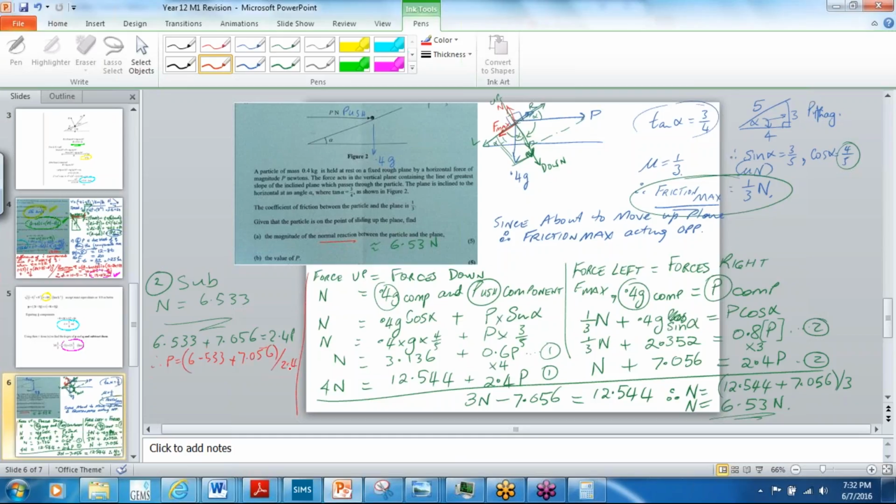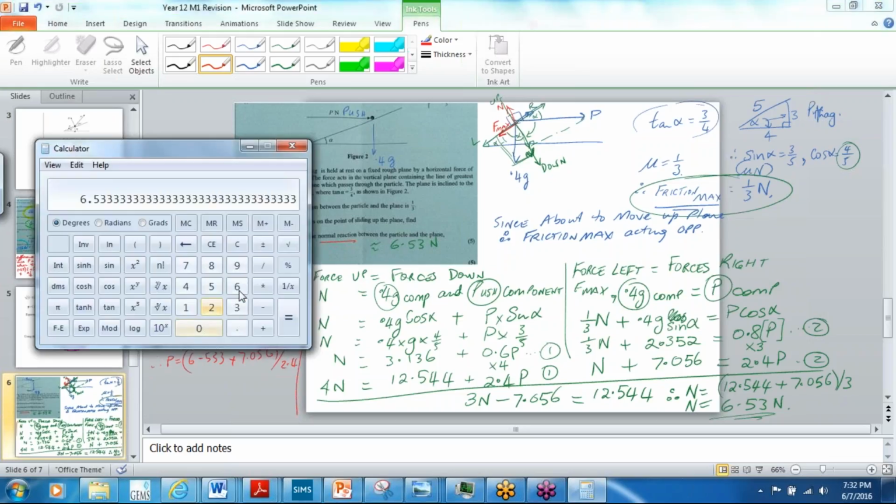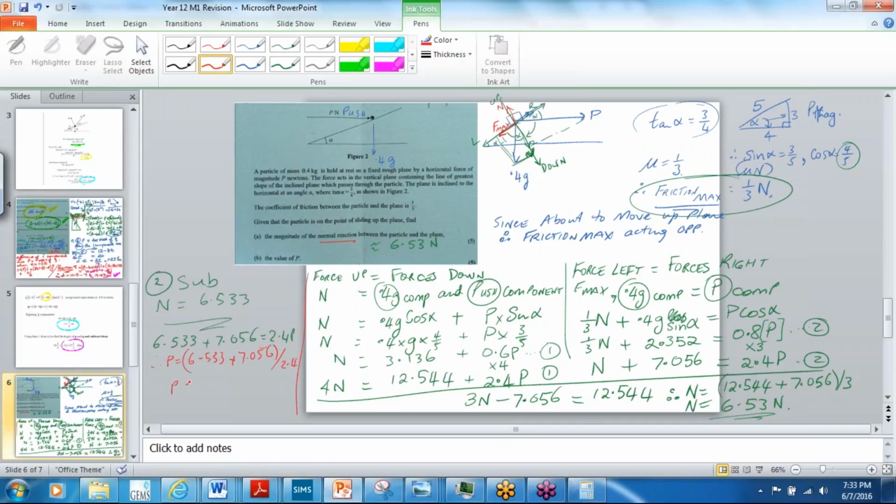So get the calculator going here. Plus 7.056 equals, divide that by 2.4, and we've got 5.66. So P equals 5.66 newtons. So we've got our P value of about 5.66 newtons.